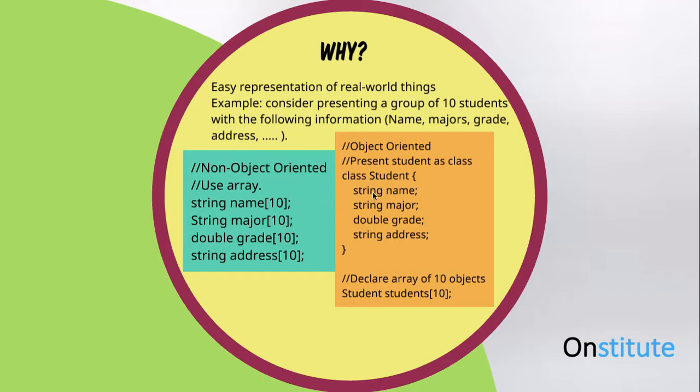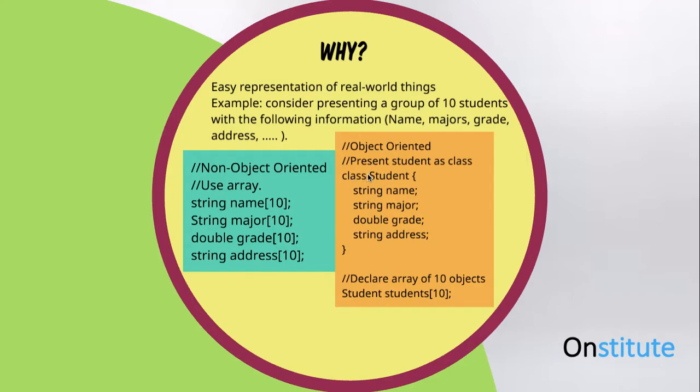However, in an object-oriented paradigm, you can make a student class. As I have told you, a class can encapsulate varying types of data elements inside it, under the same name. So here actually, that's exactly what I have done.